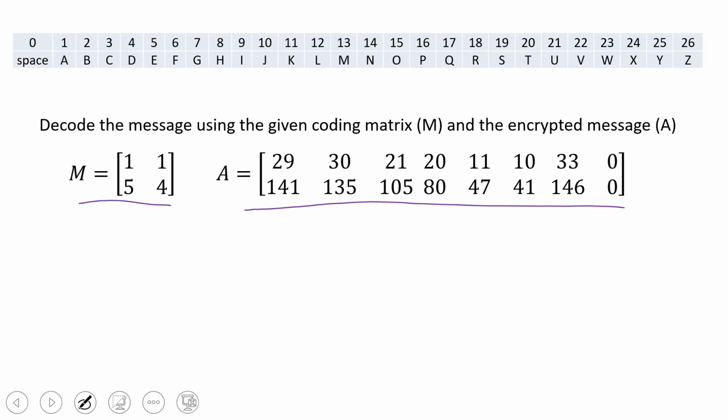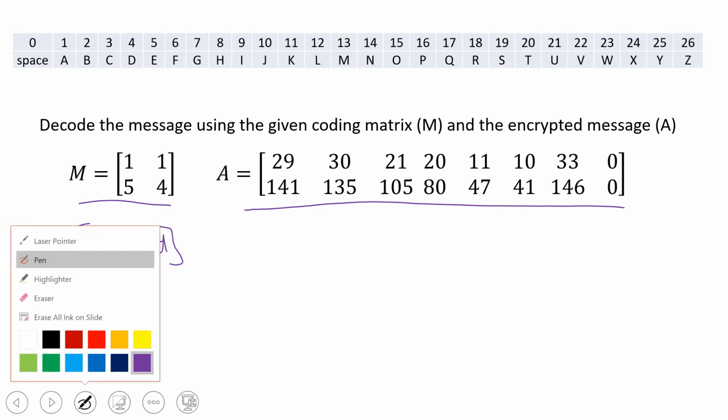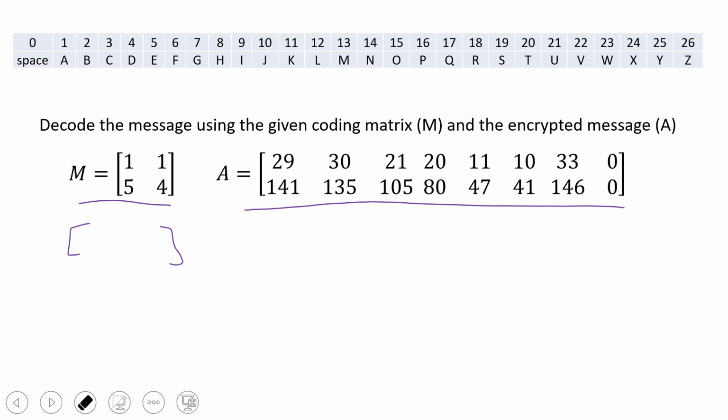Well, to find my secret message, I need to take the inverse of my key and take it times the encrypted.